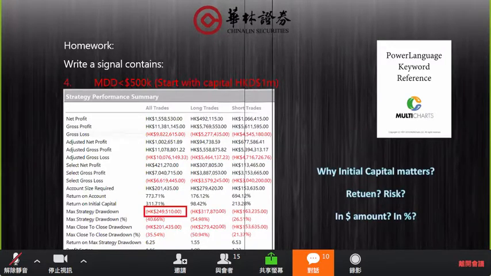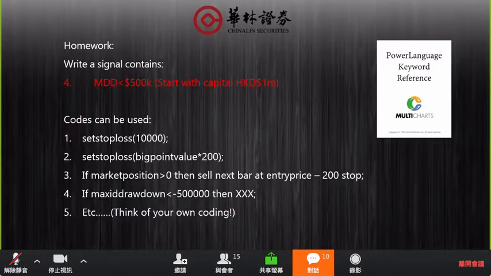All right. Then for the MDD less than a certain amount, actually there are a few codes that you can use in your scripting to help you do it. The simplest one is just to set a stop loss at a dollar amount. It's the simplest. And also, if someone prefers to use how many points in the market, for example, one HSI point is $50, then you just use the big point value times 200. It will be the same thing.